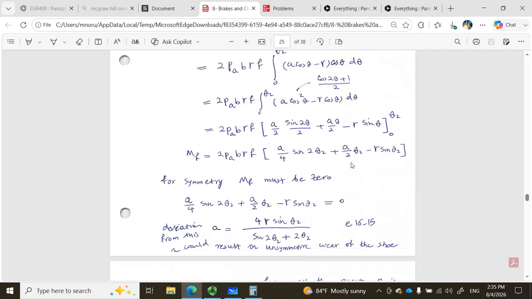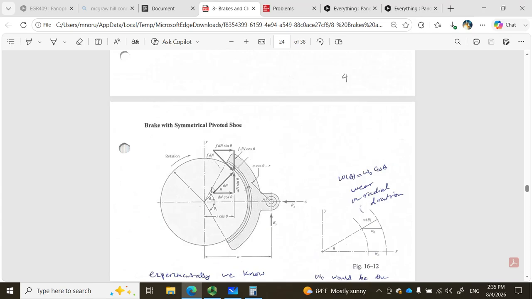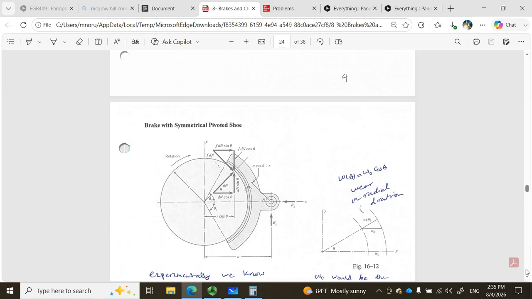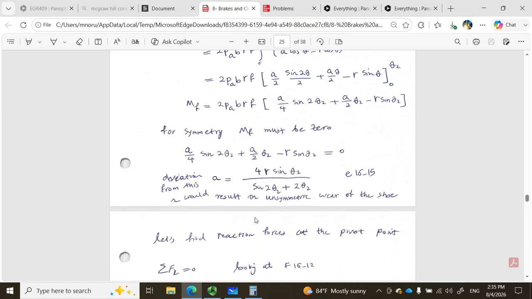So if A is equal to this, what are the variables here? R is the radius of the drum, theta 2 is the angle of the shoe. So let's look at this guy. Theta 2 is this angle, theta 1 is the lower angle. If theta 1 and theta 2 are equal, let's say they are equal, then A is equal to this: 4 times radius sine of theta 2 divided by sine of 2 times theta 2 plus 2 theta 2.